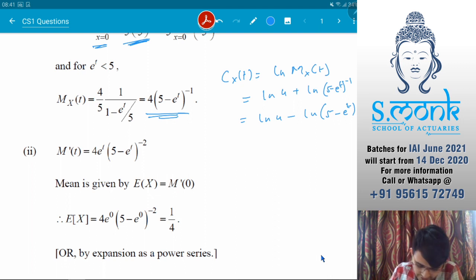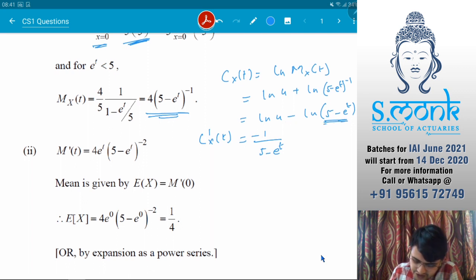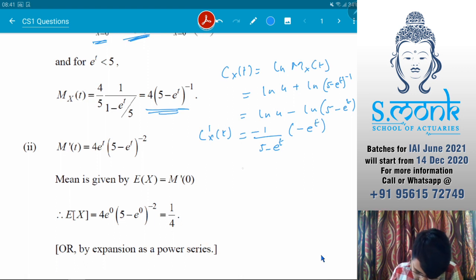Now if I differentiate cx dash t, I'll just have 1 by 5 minus e raised to t, with a minus sign because of this minus, and then I'll differentiate this again and I'll get e raised to t. So it's basically e raised to t by 5 minus e raised to t.